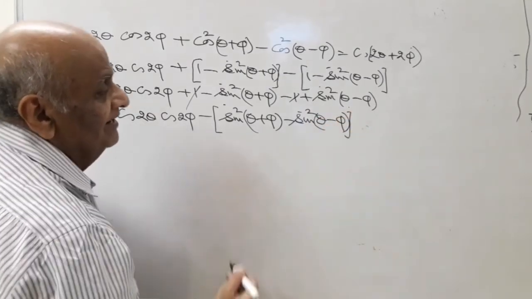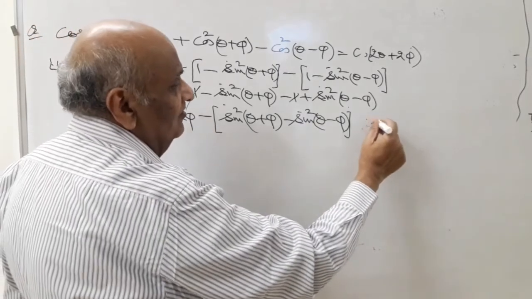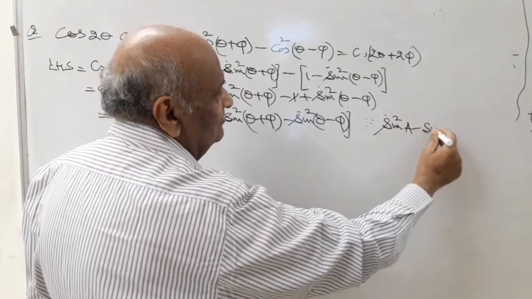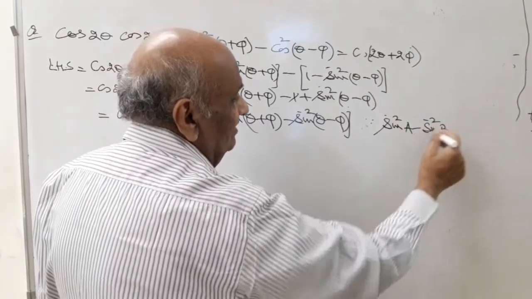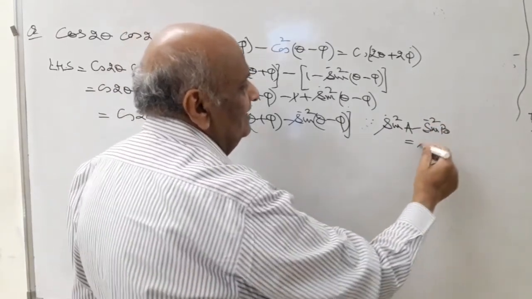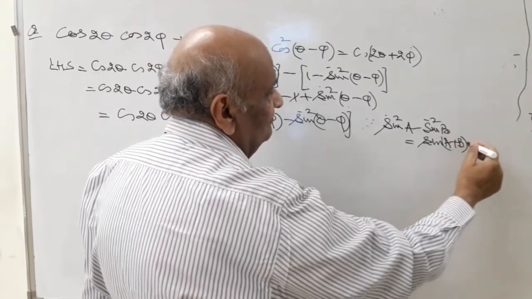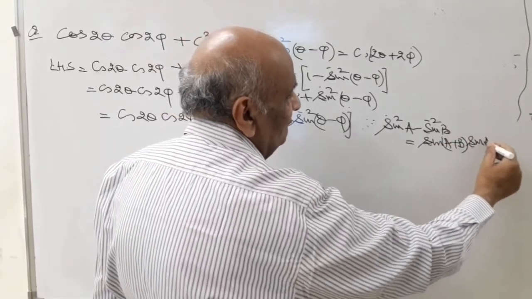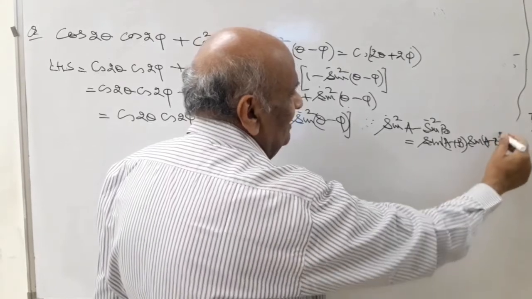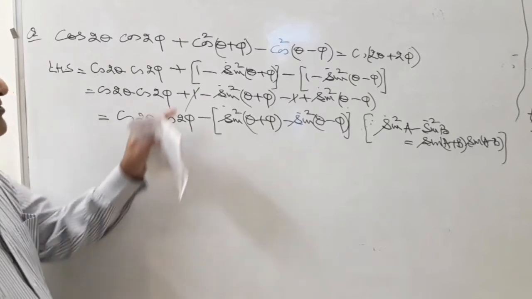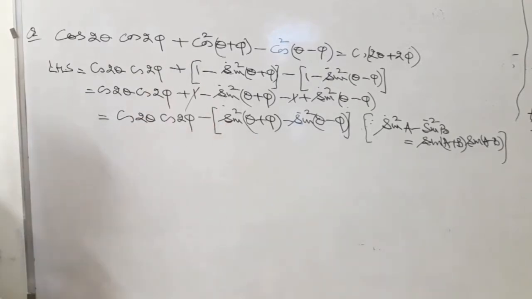The idea behind it is that sin square A minus sin square B is sin(A plus B) into sin(A minus B). So I want to apply this formula here. That's why I have expressed cos square in terms of sin squares.